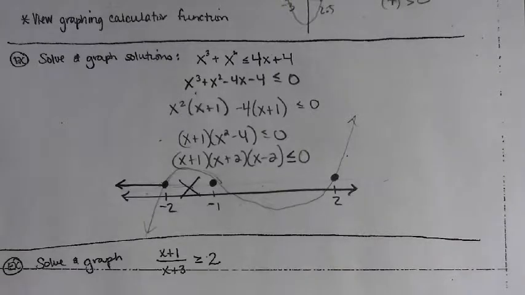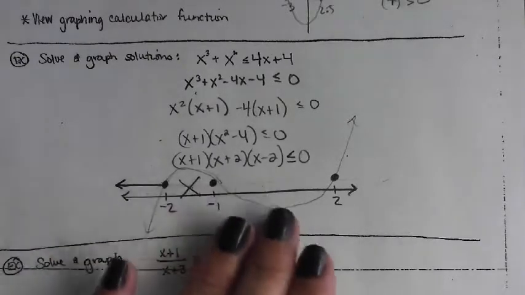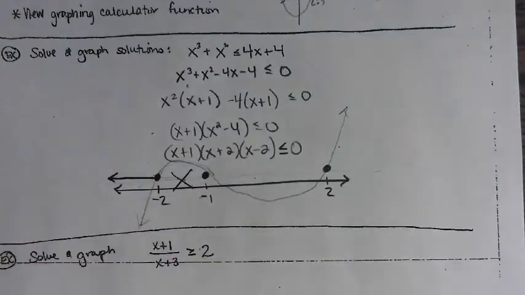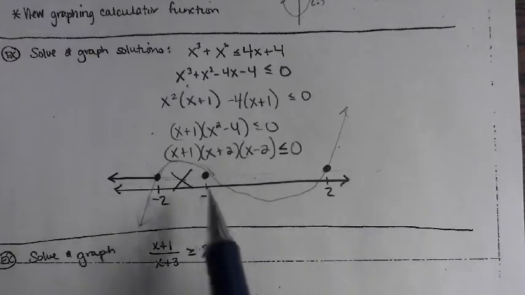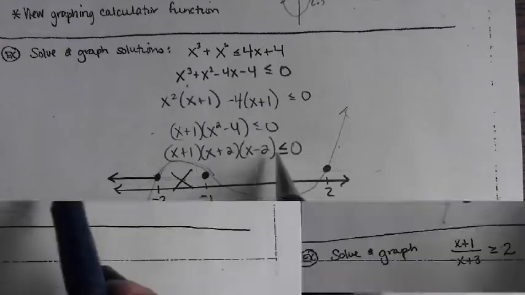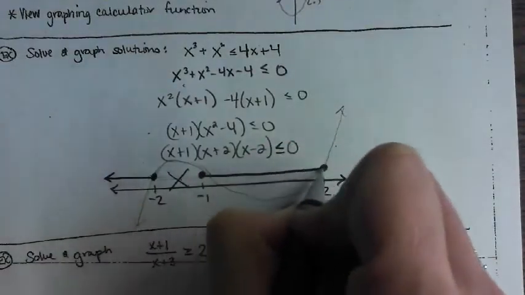Just a mistake. Okay. Over here, again, if you feel more comfortable plugging in a number like 0, by all means, I'm just trying to give you different options. Anything in here is below the x-axis, so it is negative, and we want this to be negative because it's less than or equal to 0. So this section will work.